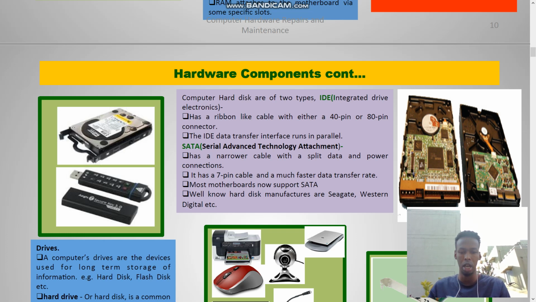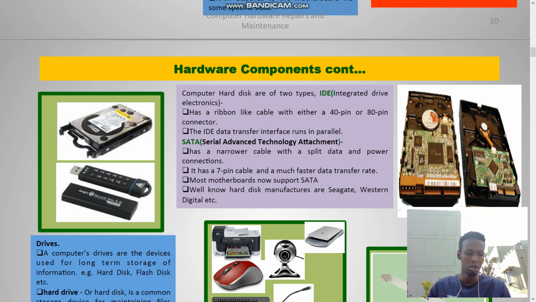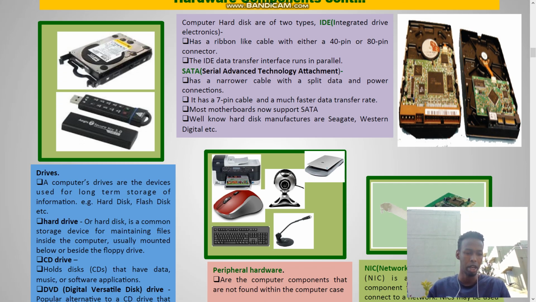It has a 7 pin cable and a much faster transfer rate. Most motherboards now support SATA. Computer drives are devices used for long-term storage of information: hard disk, flash disk, hard drive.